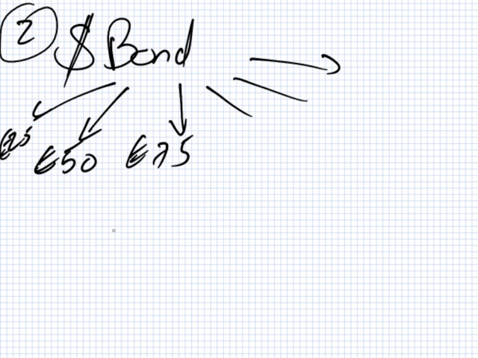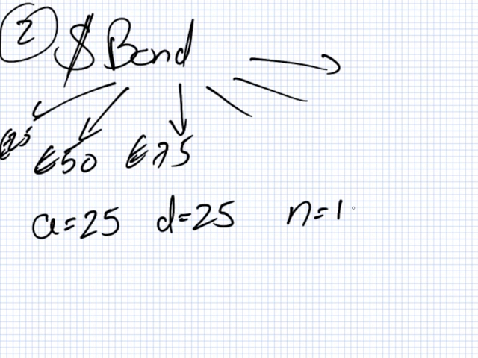So, are we looking at AP or GP here? AP. A is 25, D is 25, and N is 10. Excuse me? Does the question ask about the 10th term or the sum? Sometimes yes, but the ones I'm doing, not so far.